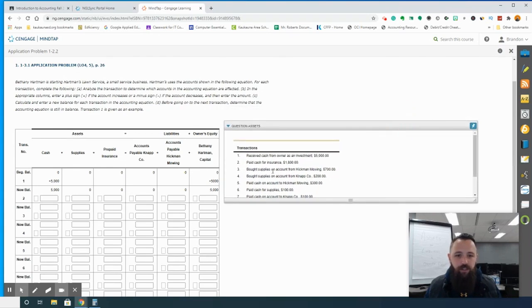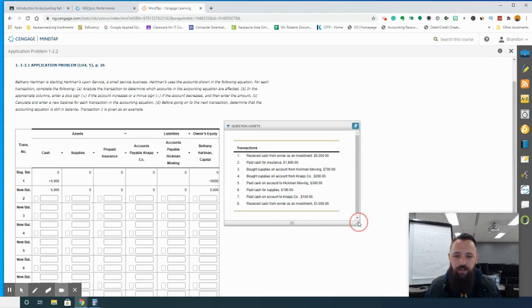You can see this first section here is received cash from an owner as an investment. That's usually what we always start out with because, why? Because we need money to start our business. So for that, we said we received cash and our cash went up by plus 5,000.